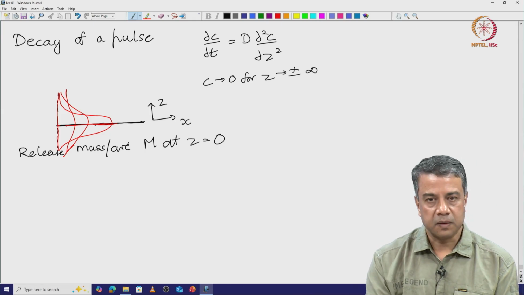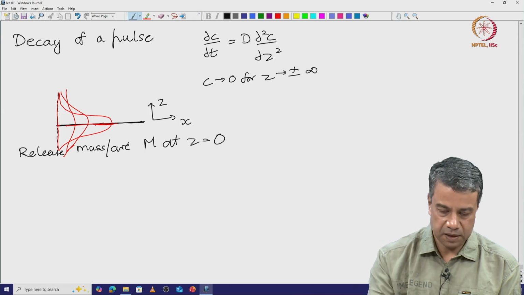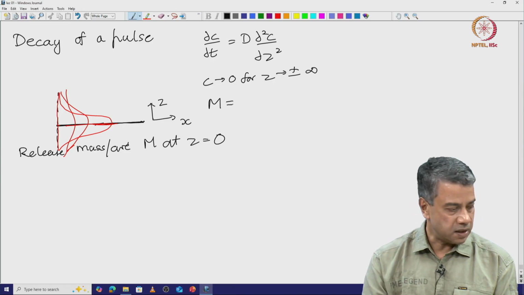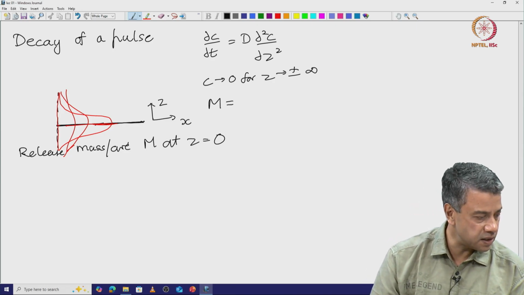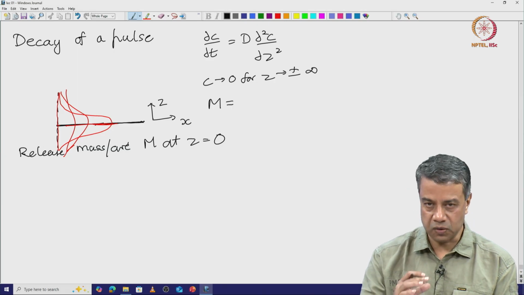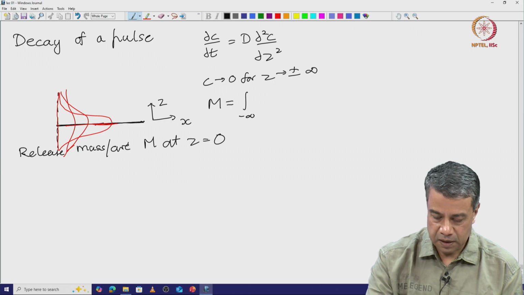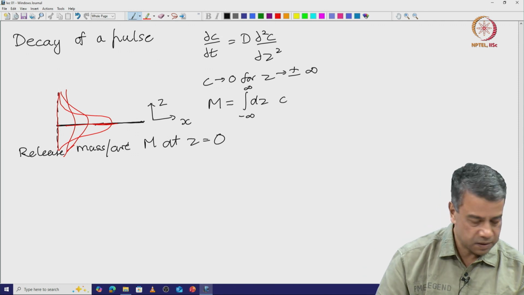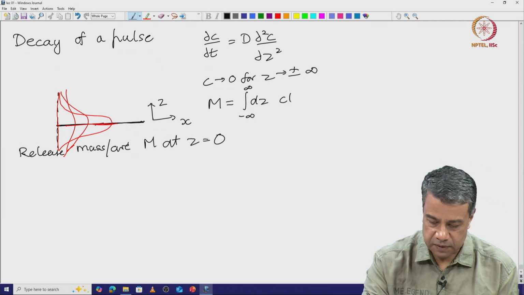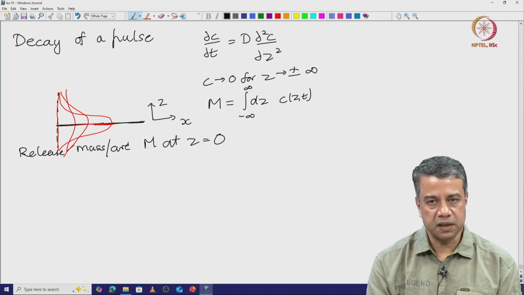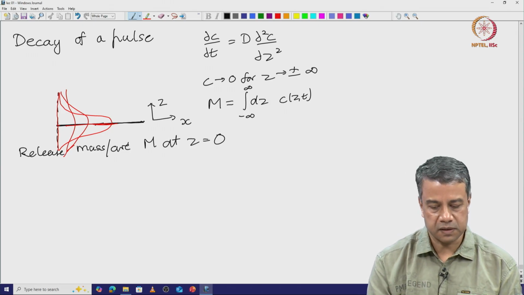The total mass within the medium at any instant of time is the integral of dz times C, which is in turn a function of z and t. So, the mass released initially has to be the total mass at any instant of time.